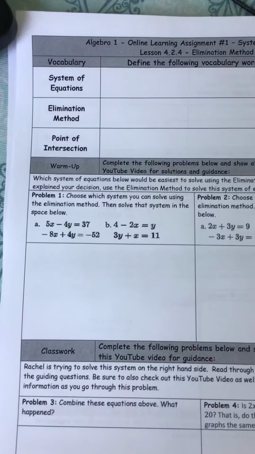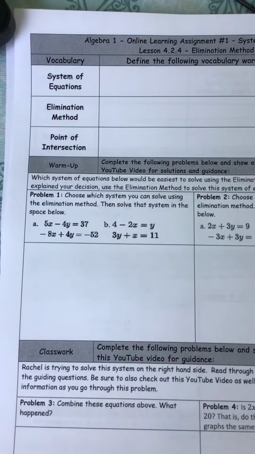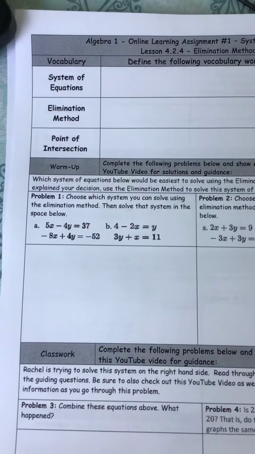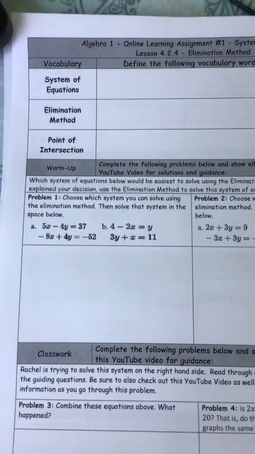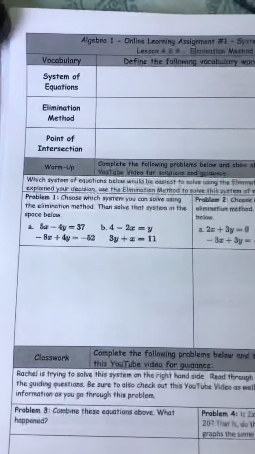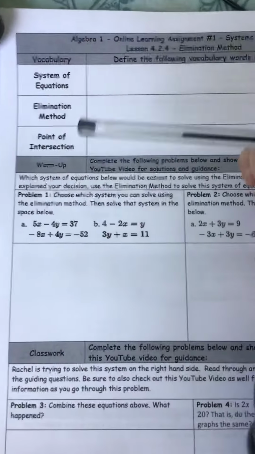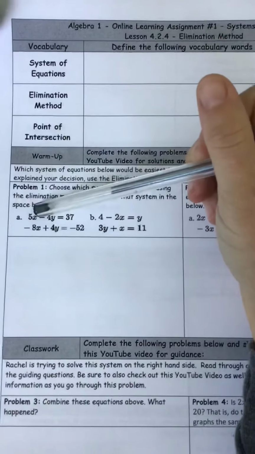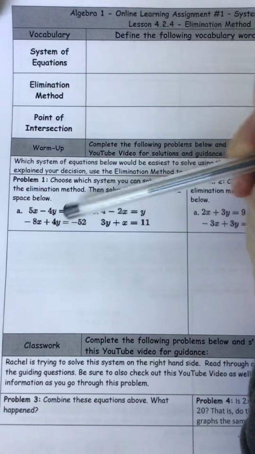For problem 1, you need to choose which system you can solve using the elimination method. Then solve that system in the space below. Looking at parts A and B, you'll notice a couple things. Notice here that the x's and the y's are lined up.